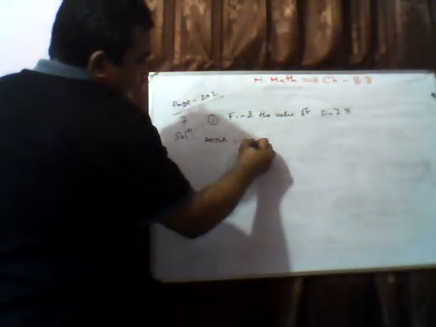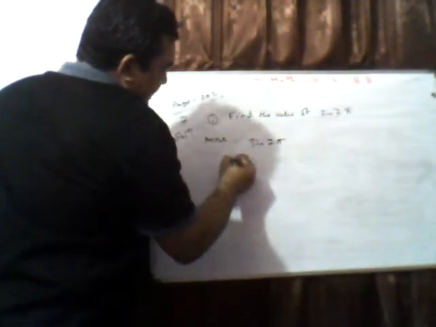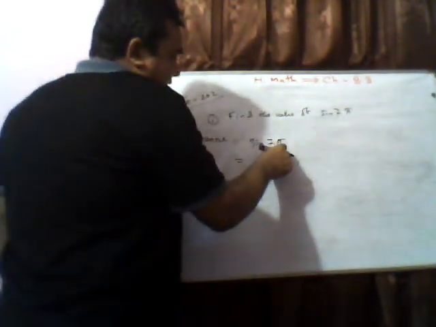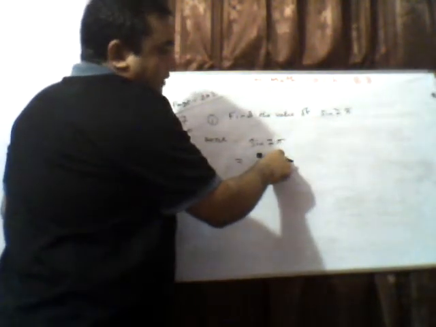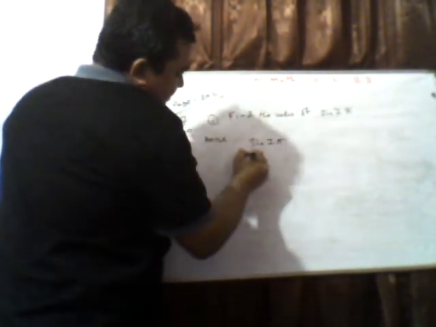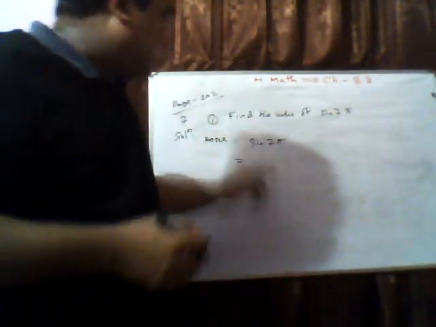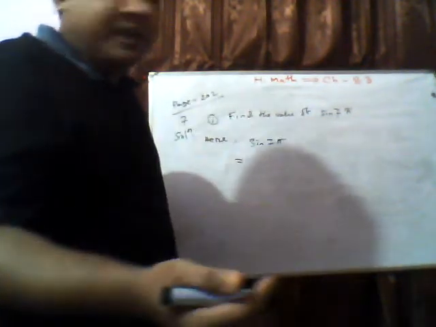Here sin 7π. First we convert this angle into the form nπ/2 ± θ. So we take plus or minus, either way, if we take plus, if we take minus.